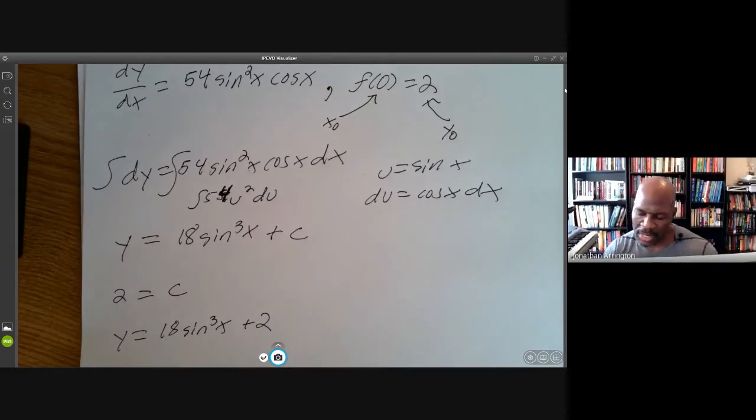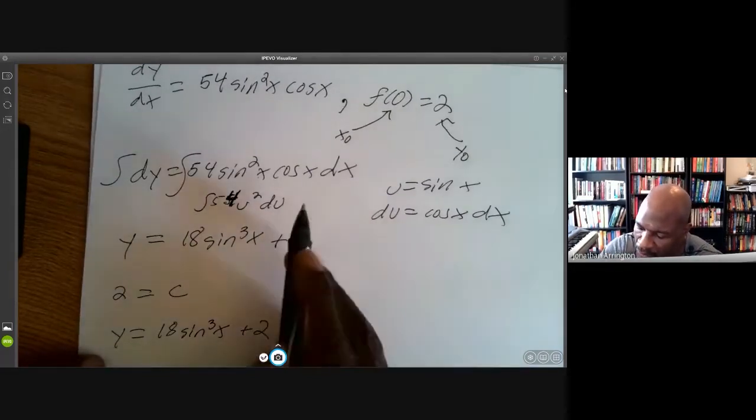So I want to break down what we did to get to this final solution. And in that, I'm going to construct a formula we can use when we see these types of differential equations. By these types, I'm talking about an initial value problem where dy/dx is simply a function of x.